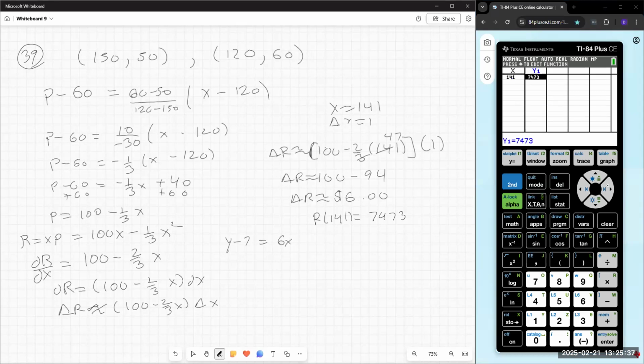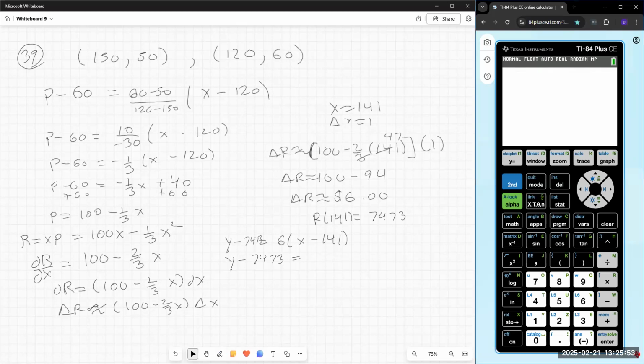So y minus 7473 is 6 times x minus 141. This is my tangent line, 6 times 141.